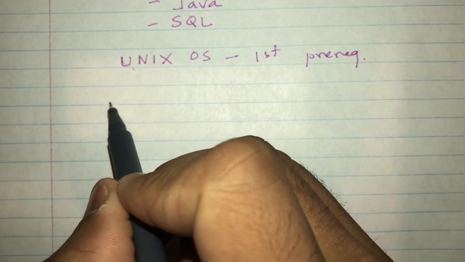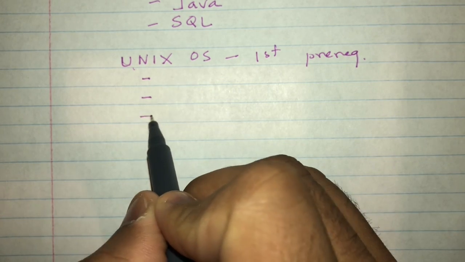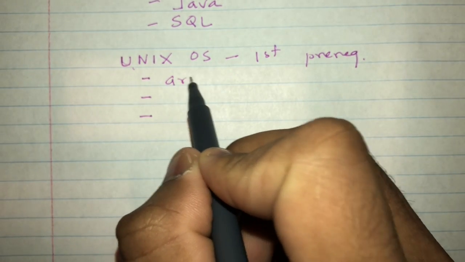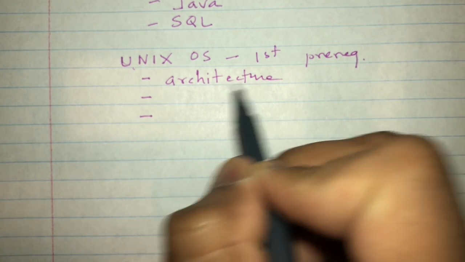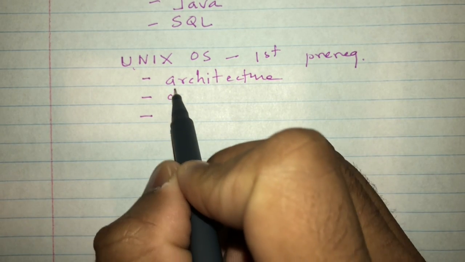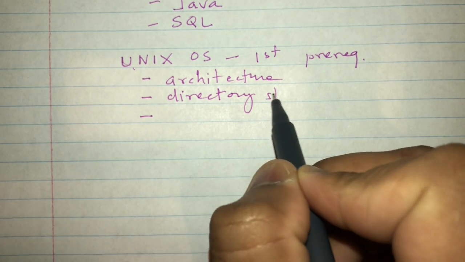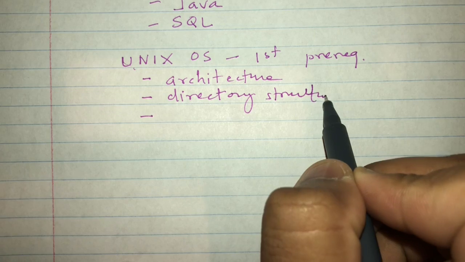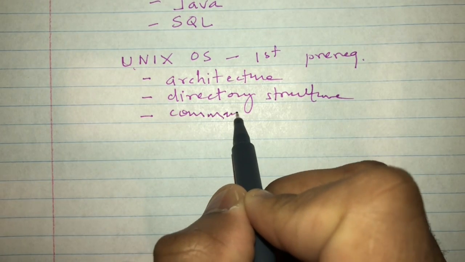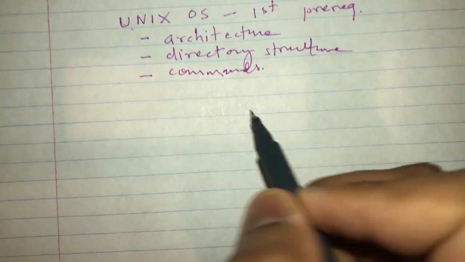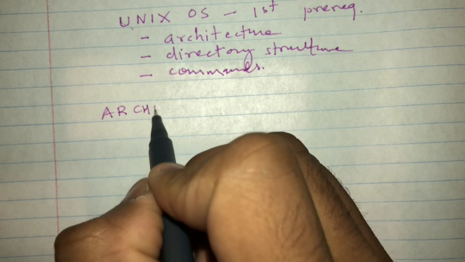If you remember the first video, I talked about three points. The first one was architecture, the second one was directory structure, and the third one was Unix commands. In this video, I will talk about the Unix architecture.